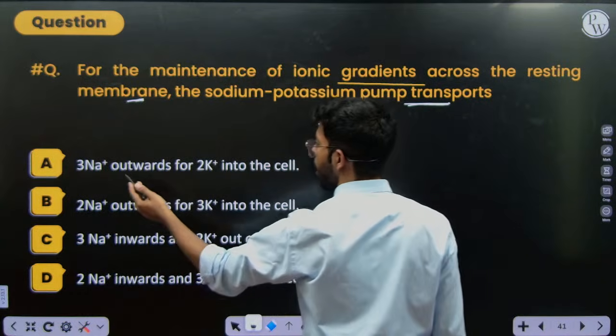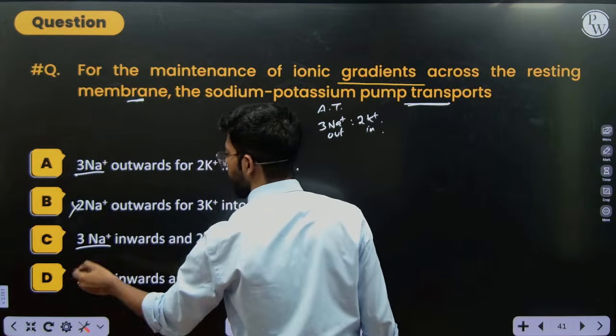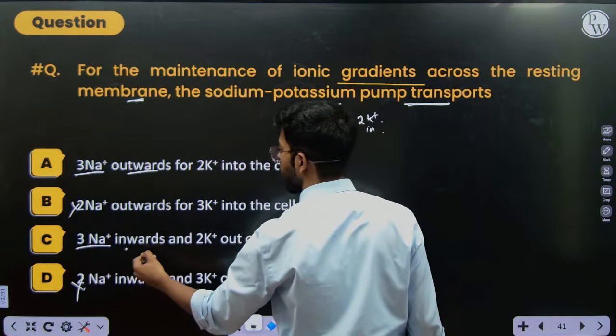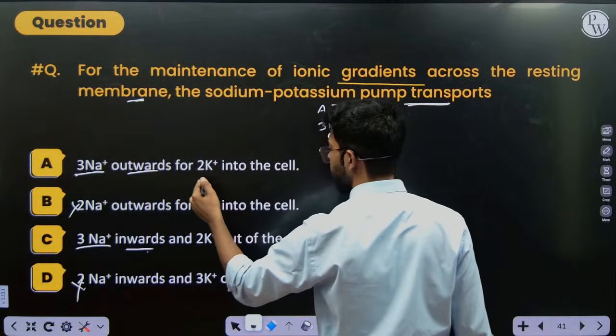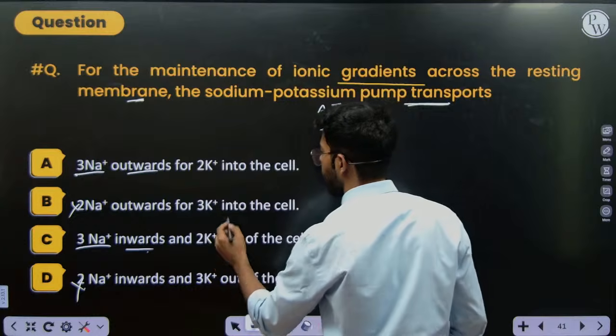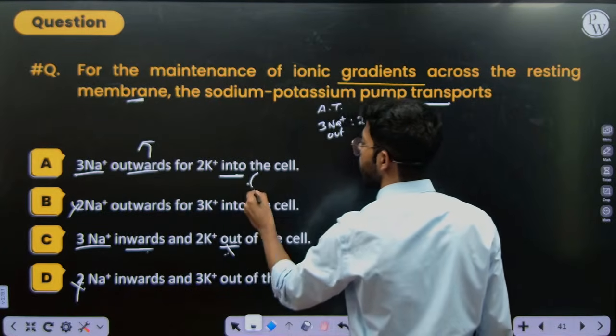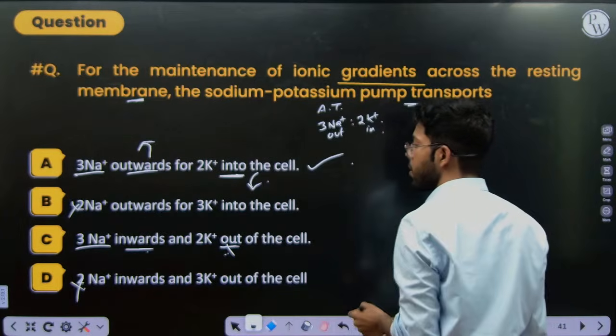That means 3 sodium outwards, and 2 potassium into the cell. 3 out and 2 in. That means this is the right answer.